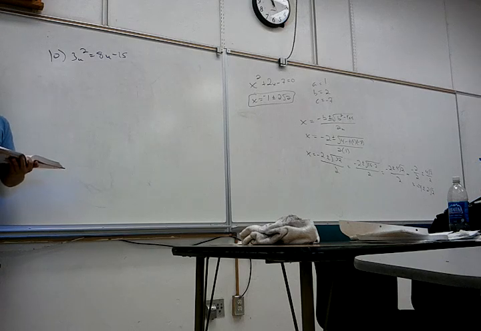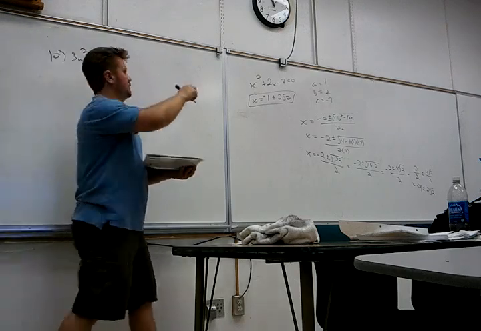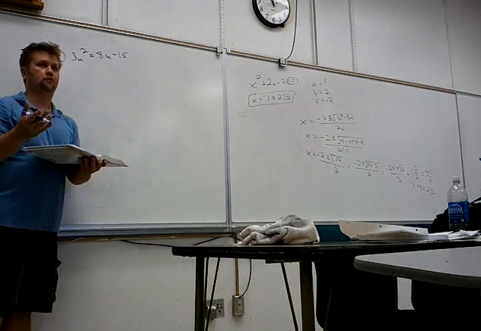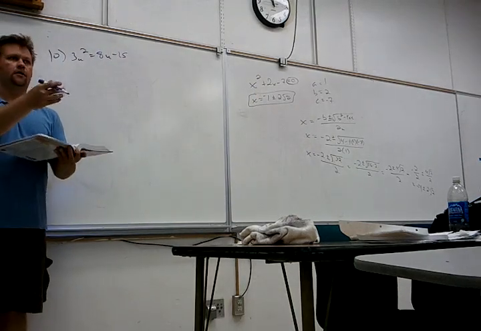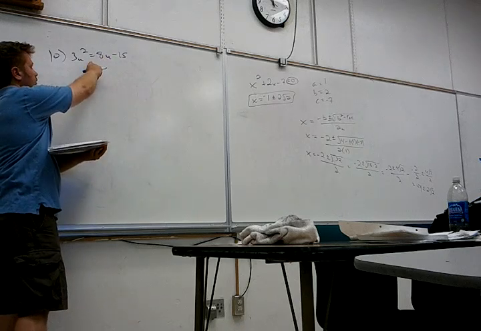Now, no matter which way I'm going to do it, what do I have to do first? Adjust. Yeah. What kind of equation does the quadratic formula work for? If it's equal to 0, right? And what do I have to do first if I want to factor it? I've got to make it equal to 0. So no matter what, the first step is the same. Move everything over to one side.